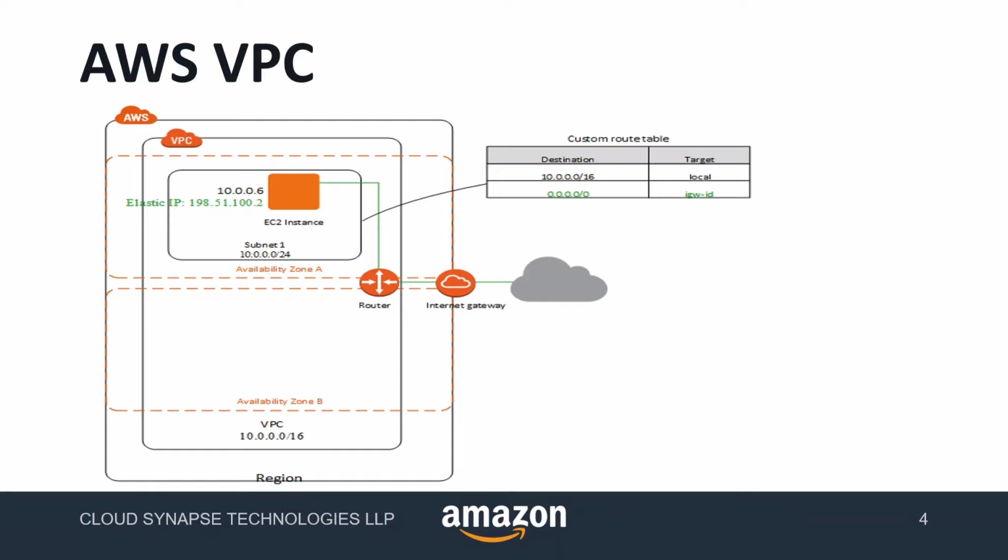In CIDR, the first two bits are constant, it's not going to change, and only the next two bits will be changed. That is the reason the maximum IPs we can give is 2 power 8 times 2 power 8, which is 2 power 16. This means inside the VPC we can have 65,536 IPs.